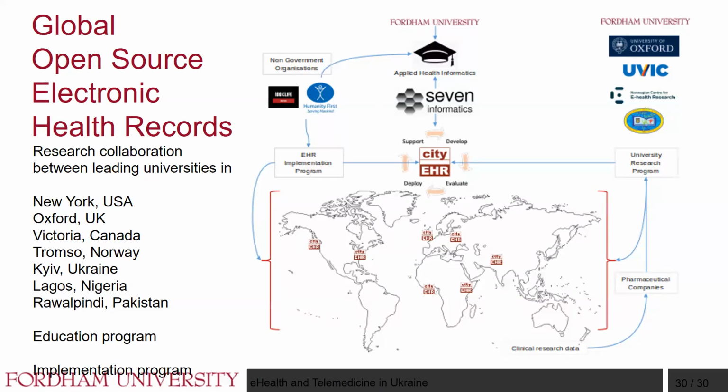And part of that is educating people on the ground in those countries to be able to sustain it for the future. So we have an education program, which will initially go with the technical college and the university in Rivne as an experiment to start with, but we already have people being educated through master's programs from Rawalpindi and from Nigeria as well.